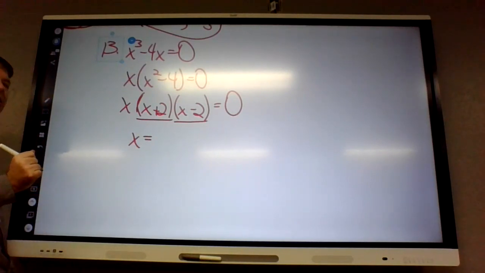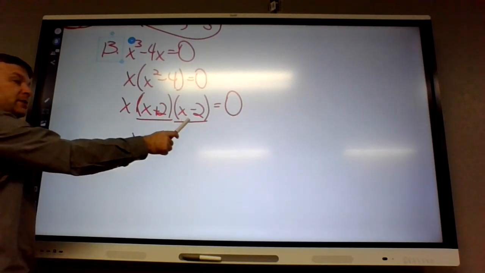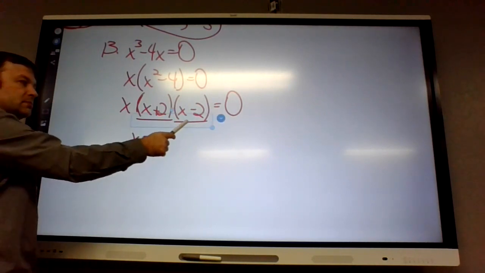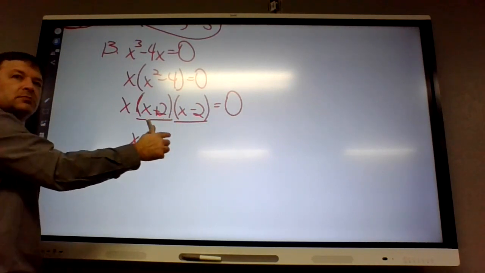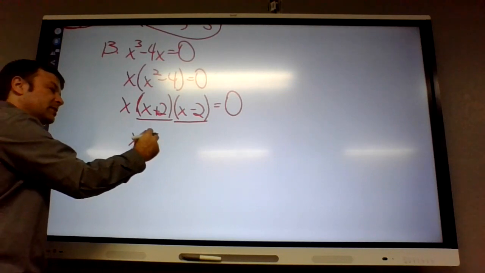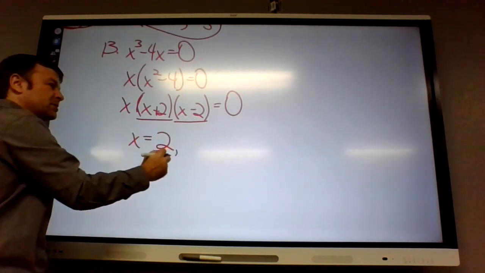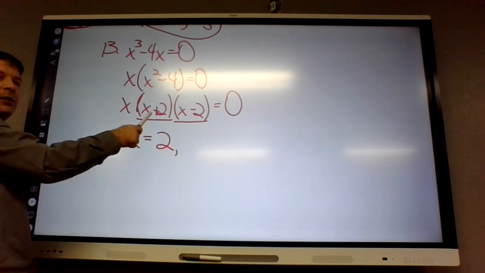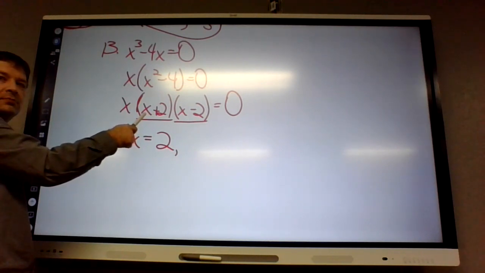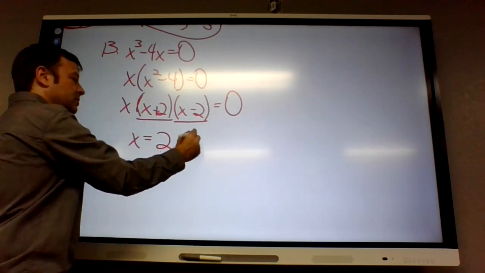Mari, can you give me an x value that will make this factor 0? A little bit louder, I'm a little bit deaf. Positive 2. You don't have to put plus 2, you just put 2. And how about this one? -2.